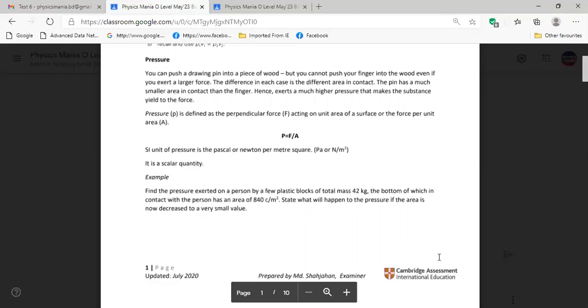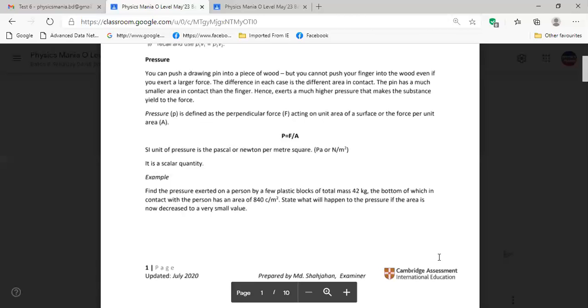Then your area you converted to meter square by dividing by 10,000. Then you got the answer in Pascal, Newton per meter square. So you got 5,000 Pascal.